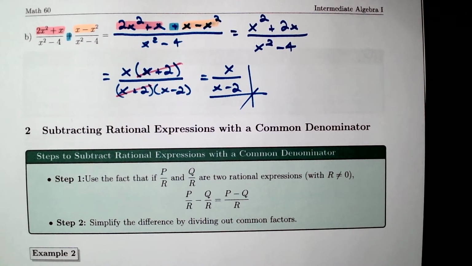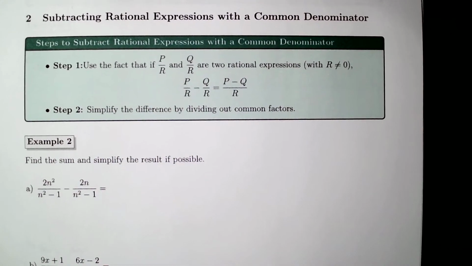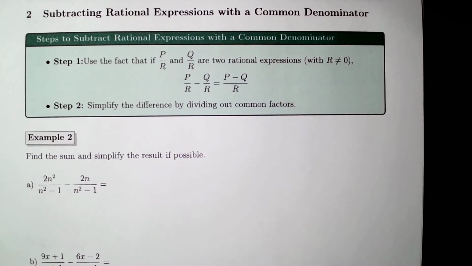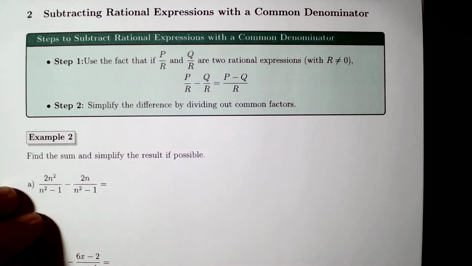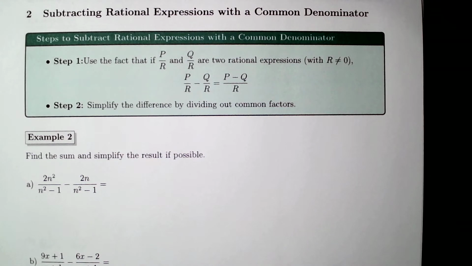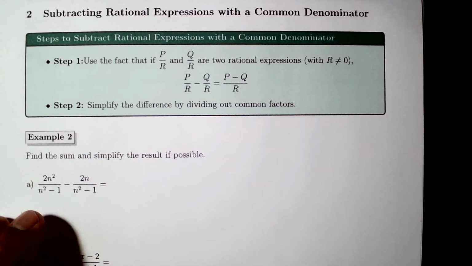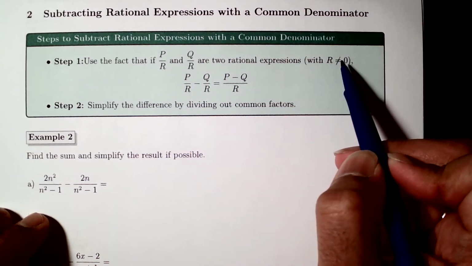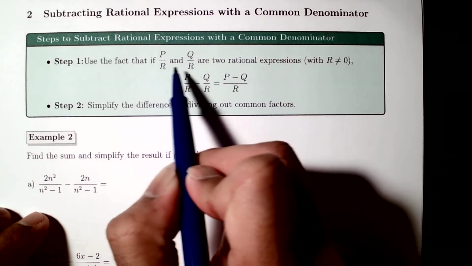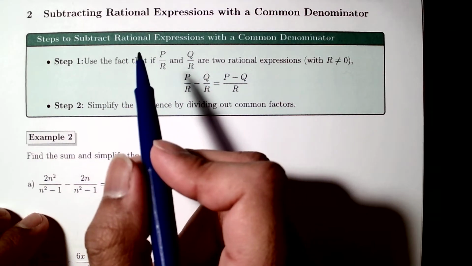Alright, so those are only two examples on adding fractions together. For the subtraction, we need to be very careful about this one, because the negative sign will have in this case a huge impact on how we are going to simplify this example. So, and again, consider the rational expressions p over r and q over r, in which r is not 0 for the reason already discussed.